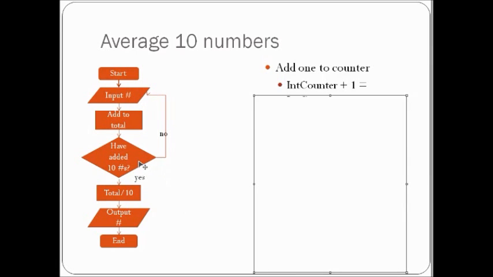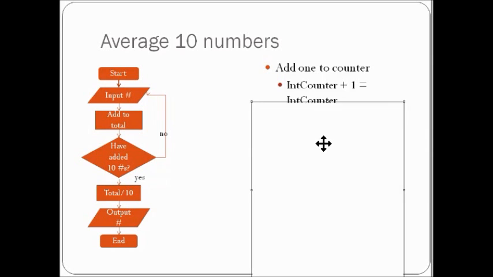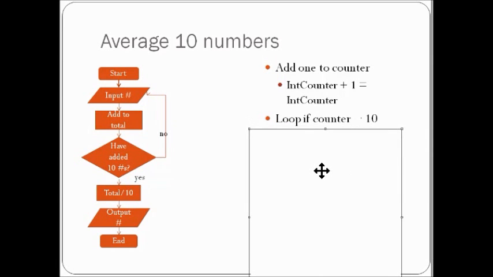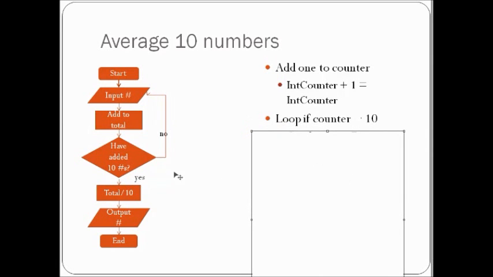So now we're going to add a loop in here. Right after add to total, we're going to add our int counter. So we're adding 1 to the counter, and then we loop here if the counter is less than 10. There you go, less than 10.